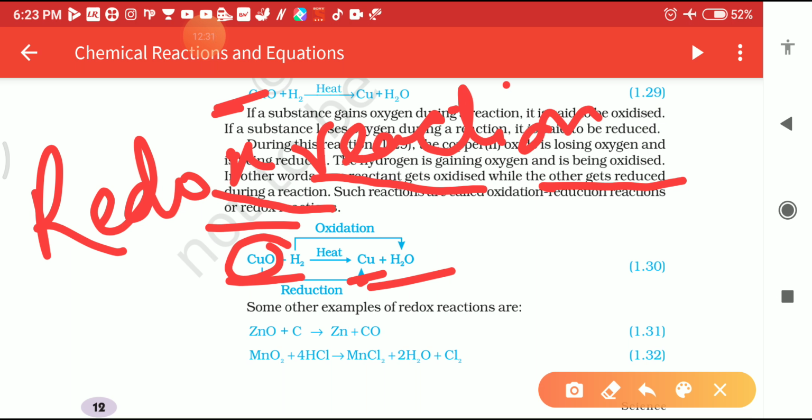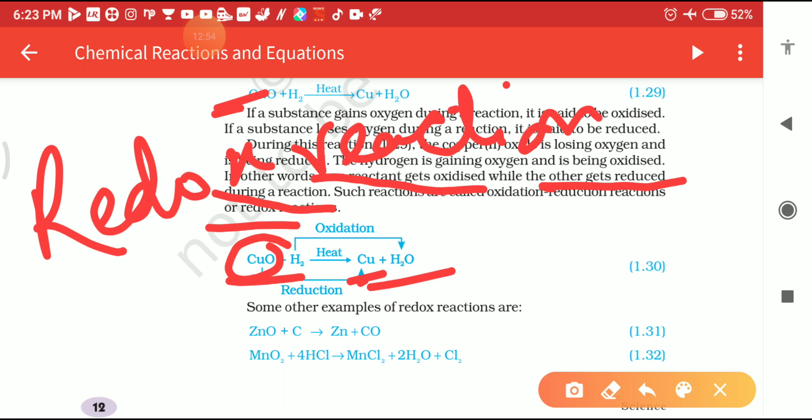It means reduction takes place. The definition of reduction is addition of hydrogen and removal of oxygen. Oxygen is removed here, so we can say reduction takes place.